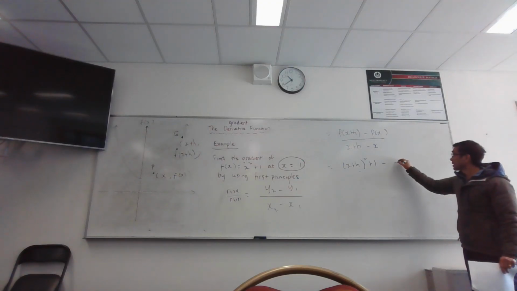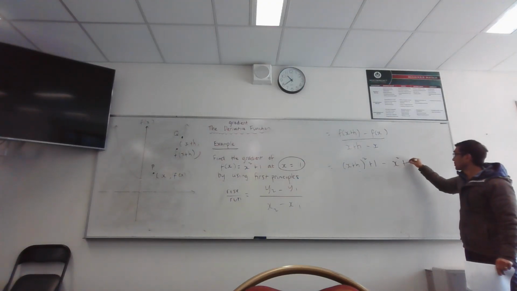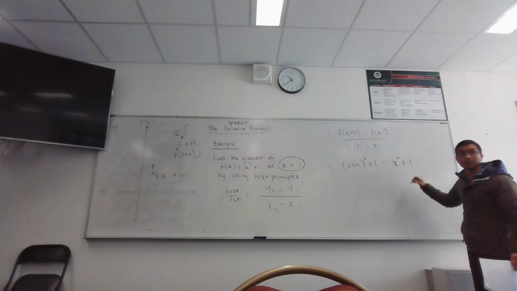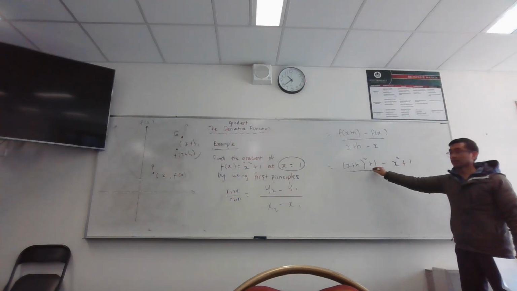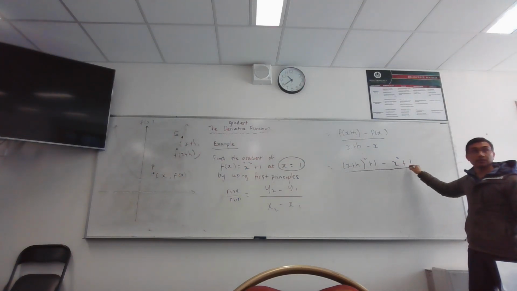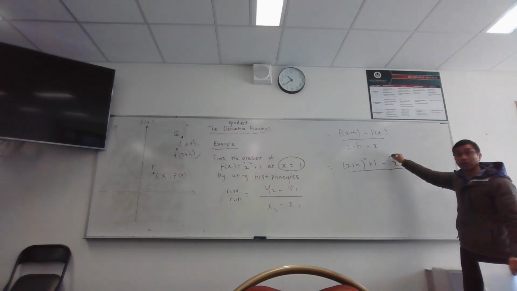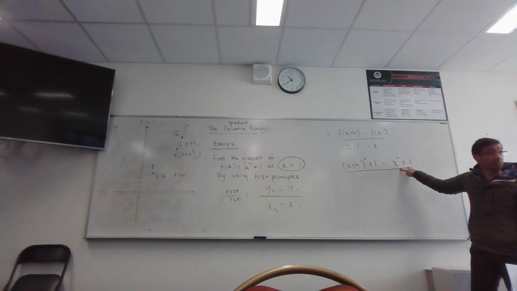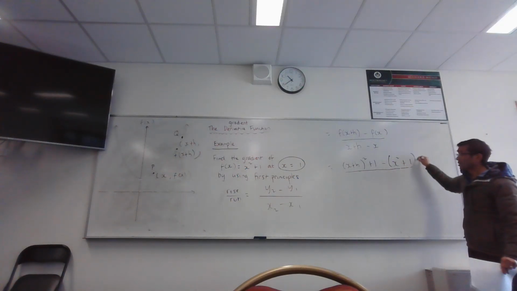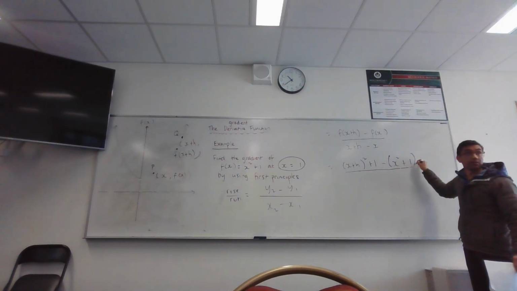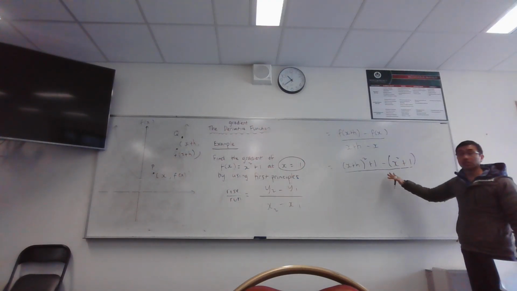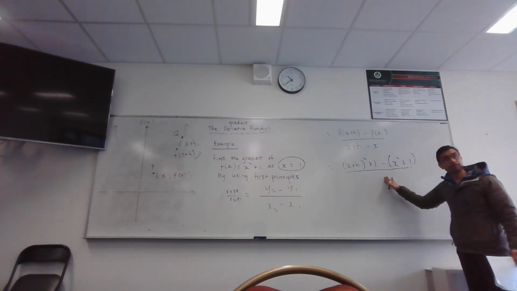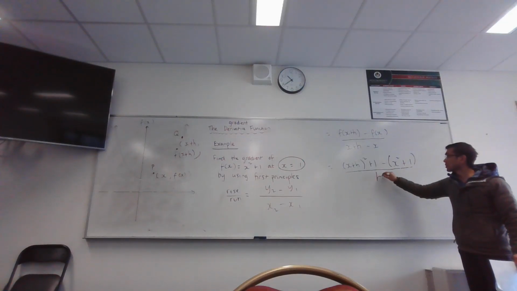X squared plus 1. Have I made a mistake? So minus 1. Thank you. Make sure if you've still got two things you're going to subtract, do it in a bracket. Underneath, my denominator, h.